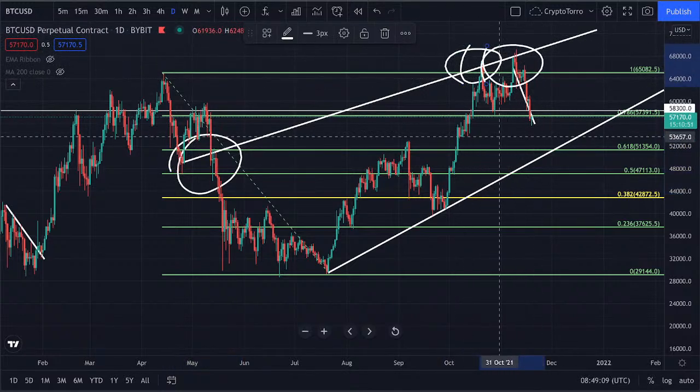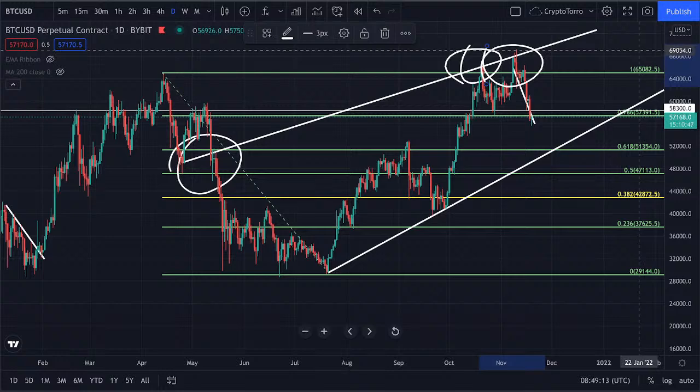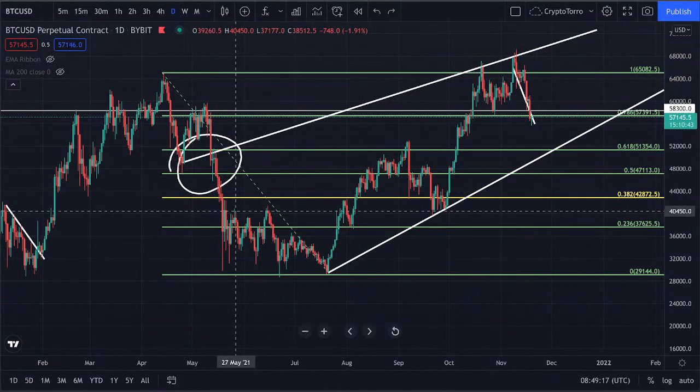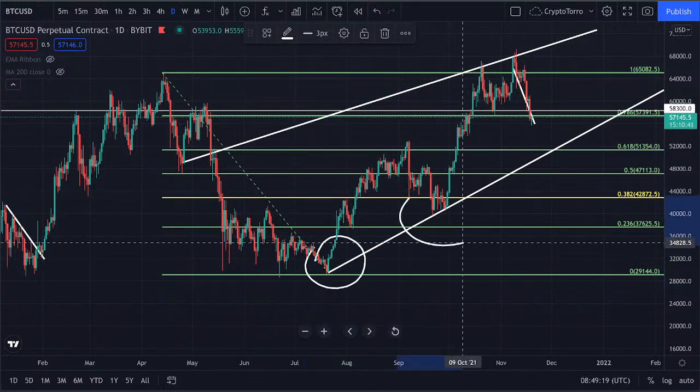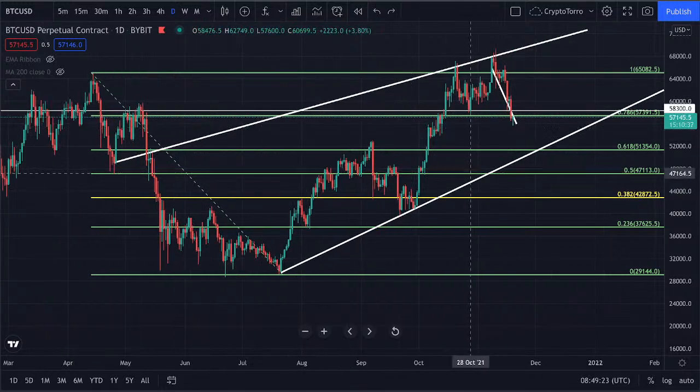underneath, we have seen 3 touch points underneath this ascending resistance, but we have also seen multiple touch points on top of this ascending support line. So this is actually showing me that we are actually creating this rising wedge pattern on the daily time frame.